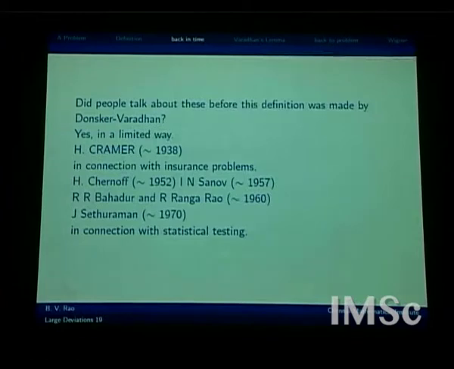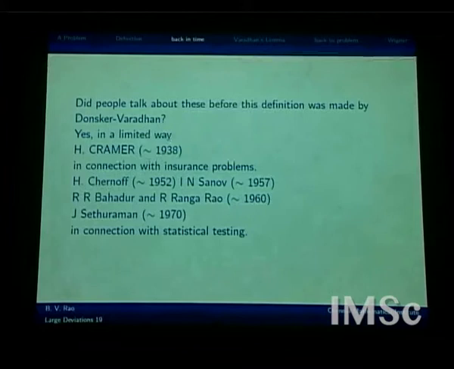And then there were works by Chernoff and Sanov, and Bahadur and Rangarao and Varadhan and so on. These are all in connection with statistical testing. So, they did it, but in a limited way. First of all, there was no definition of large deviations. They were only trying to find out, as an illustration, the probability of deviating from the average value by an amount.